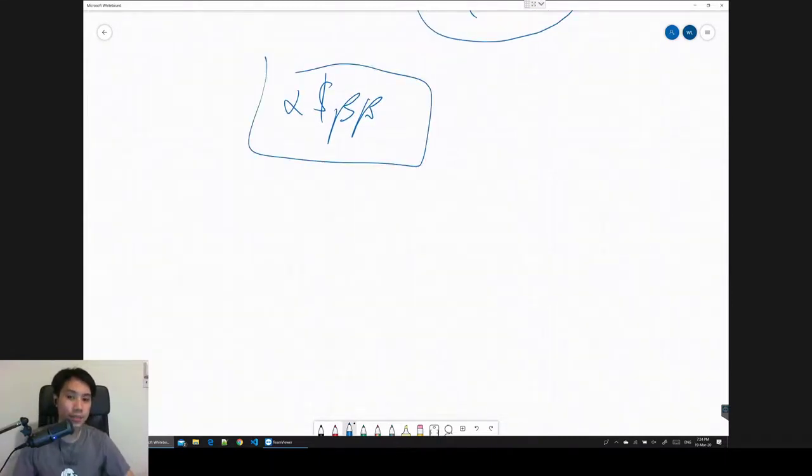Okay? But because we are in computer science, we want to be a little bit lazy. We do not want to include all of picker because it will be very, very long. Right?